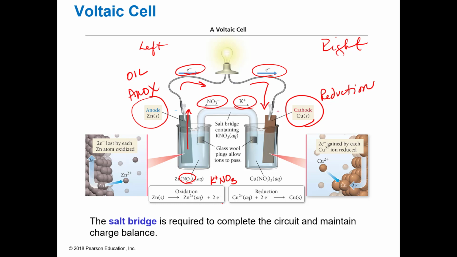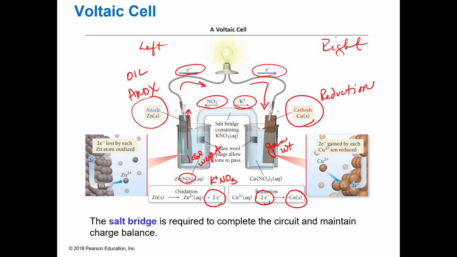And so since it's oxidizing, it's producing 2 electrons, and then the copper is being reduced by accepting 2 electrons and forming solid copper. So we're going to lose weight on the zinc electrode, and we're going to gain weight on the copper electrode. Okay, so as we're doing this, and remember, this is a voltaic cell.